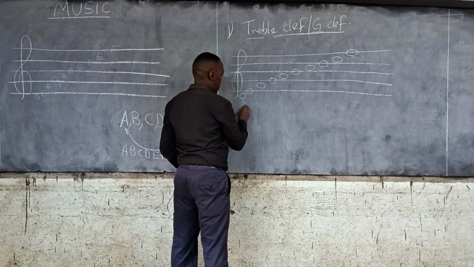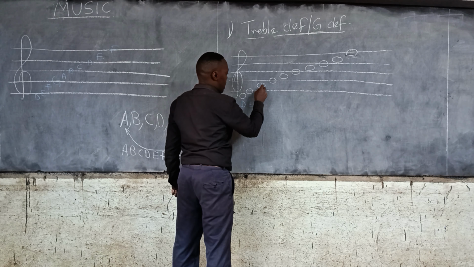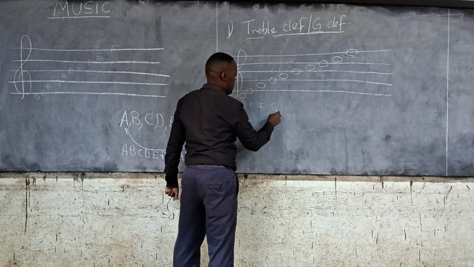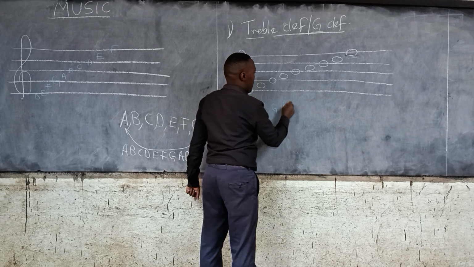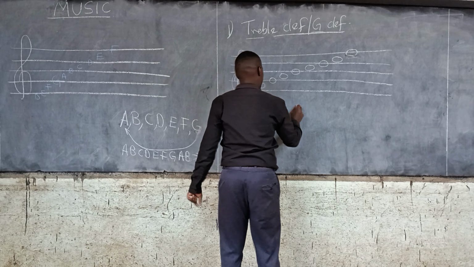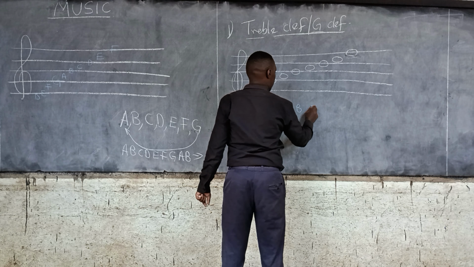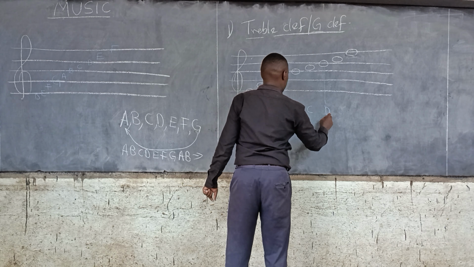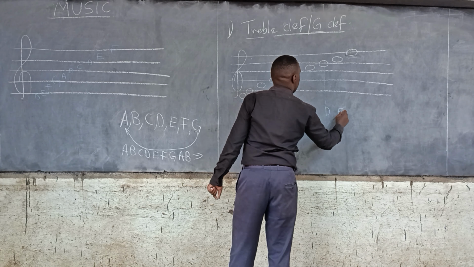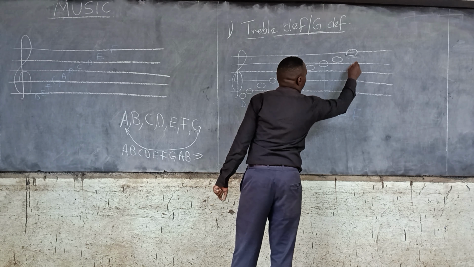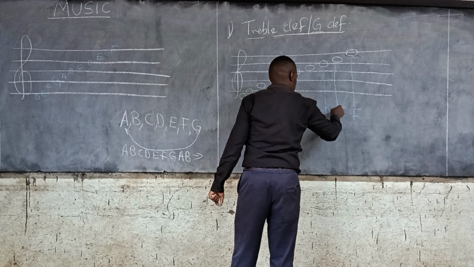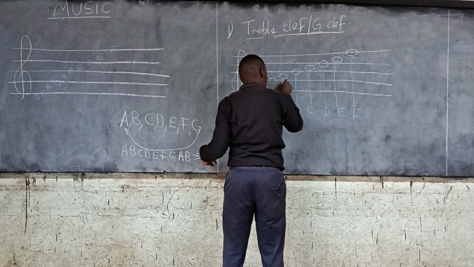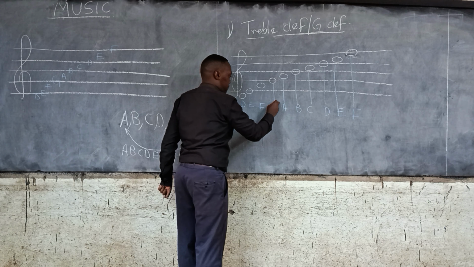So this will be D, this will be E, this will be F, this will be G, this will be A, this will be B, this will be C, this will be D, E, and F as it represents there. This is how we label it using the semibreves.